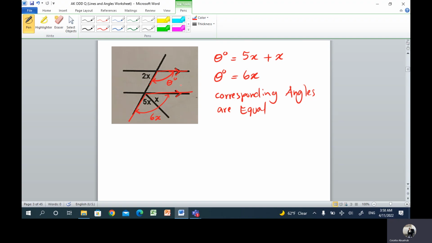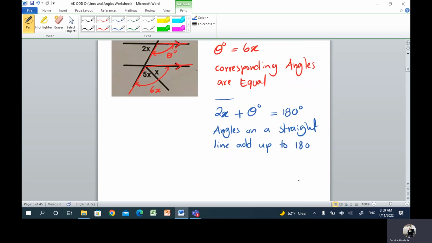Okay, so this is 6x. And now we're going to say that 2x, which is my unknown now, plus theta is equal to 180 degrees. Why? Because angles on a straight line add up to 180.